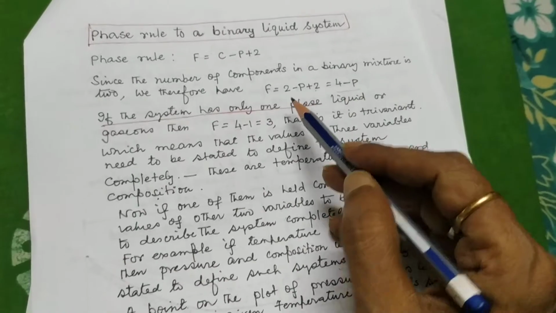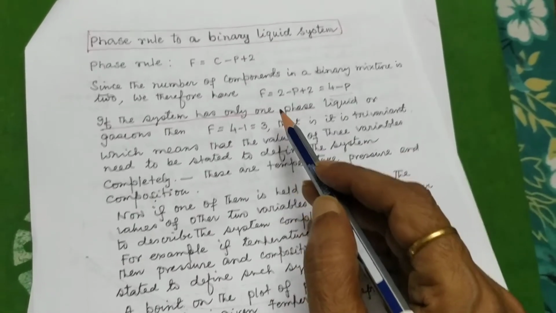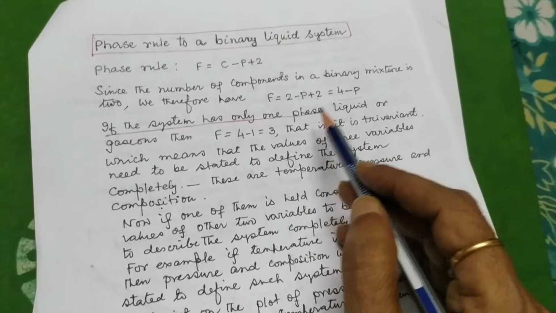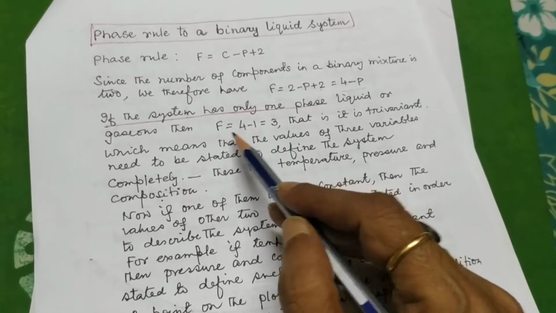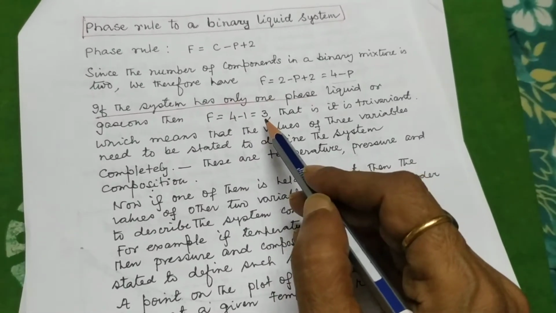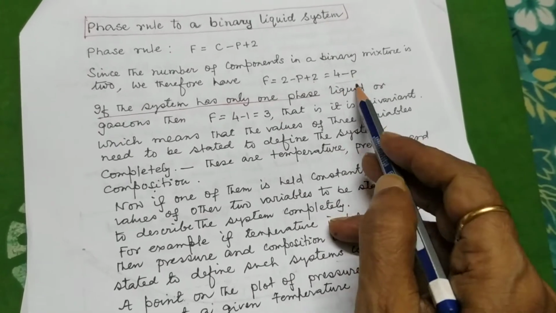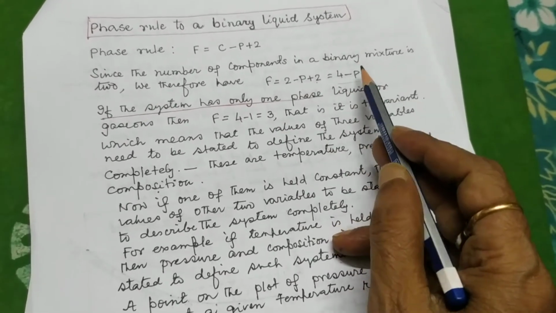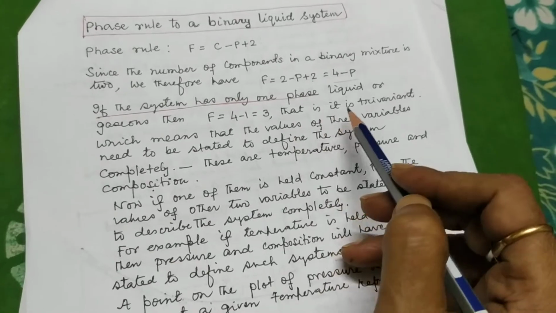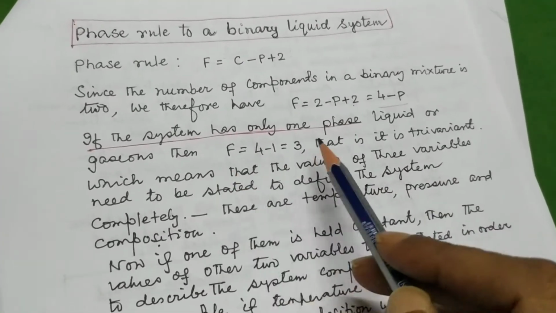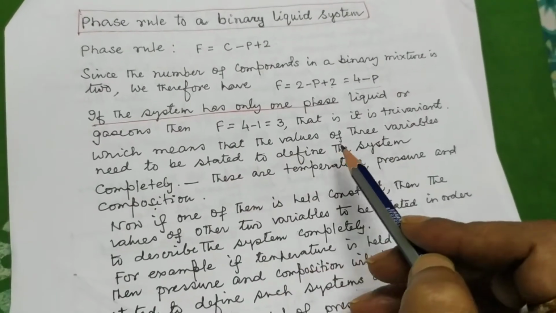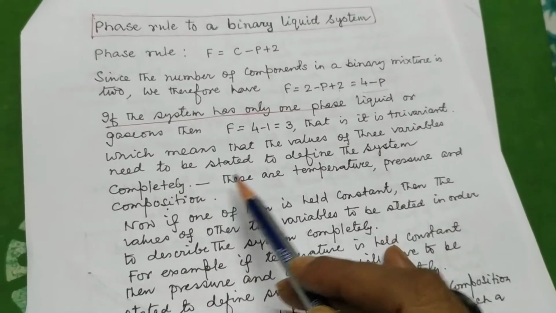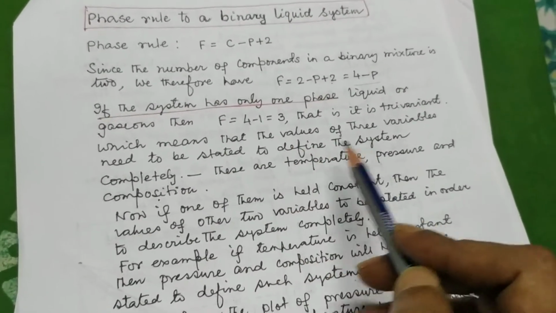Now if the system has only one phase, that is liquid or vapor, then F, the degrees of freedom, becomes 3, because P equals 1. It is a trivariant system, which means that the values of three variables need to be stated to define the system completely.